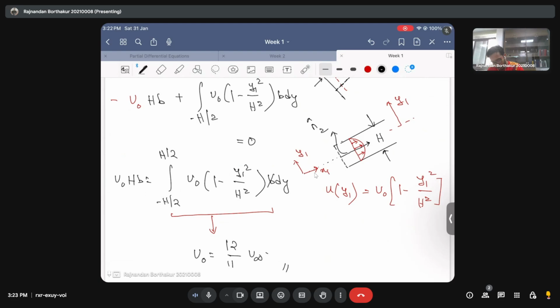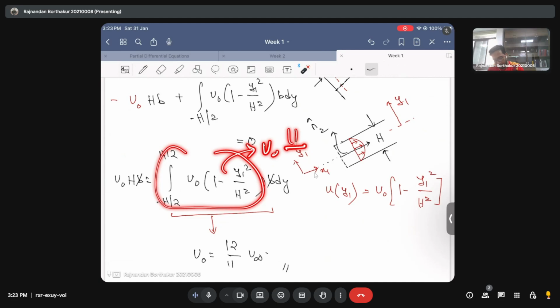If you do this integration, you will get a term containing u naught times 11 by 12 times h, and then this h and this h will cancel, and you will end up getting u naught equal to 12 by 11 times u infinity. It's just the integration that you need to do, and I believe that you guys are well equipped with doing these sort of simple integrations.